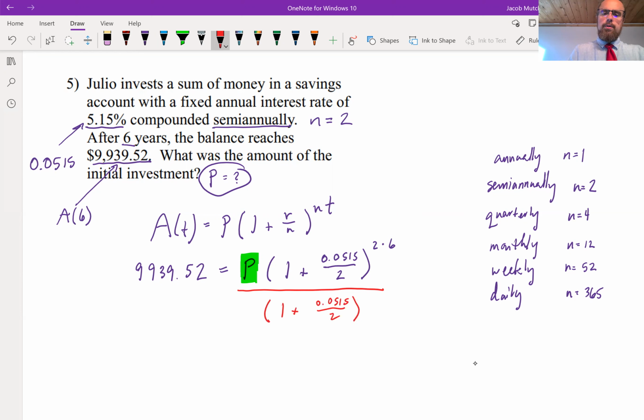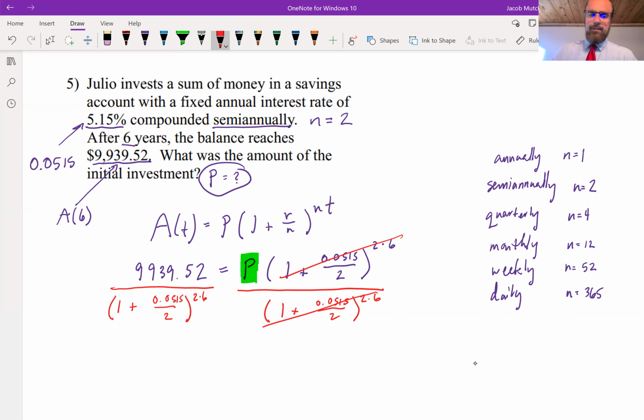So what it'll do is it'll leave P by itself, and the expression that we got to evaluate to find the value of the principal is this one, 9939.52 divided by 1 plus 0.0515 over 2 to the power of 2 times 6. So you do need to do a little bit of preliminary solution. But at that point, you can solve using the calculator as well.